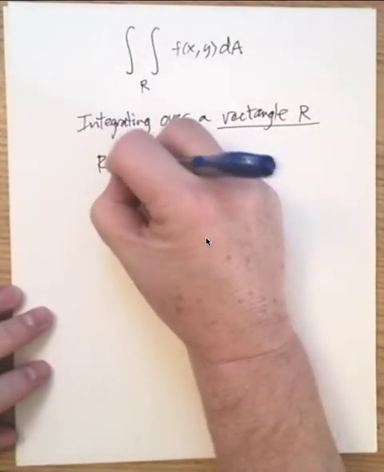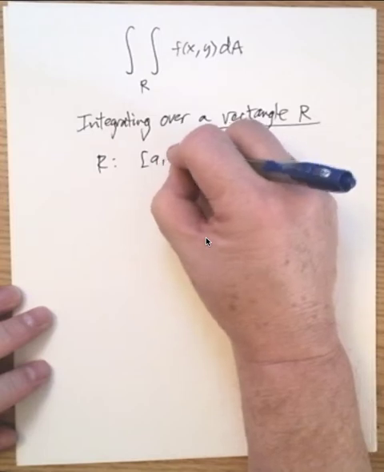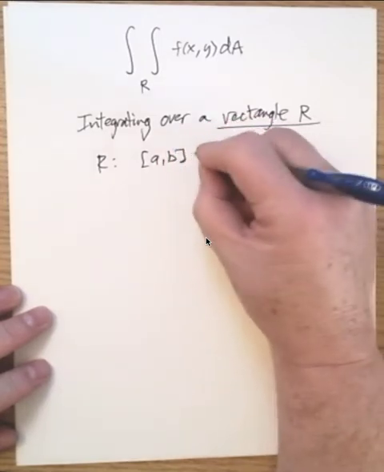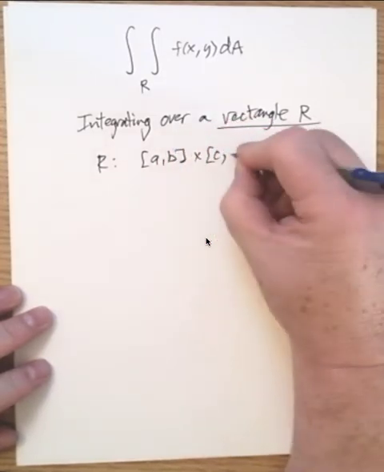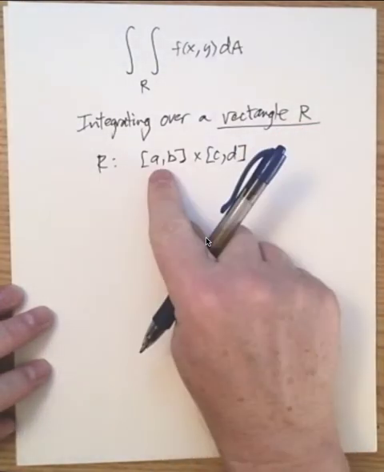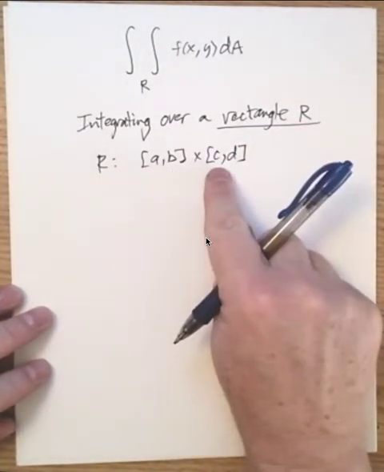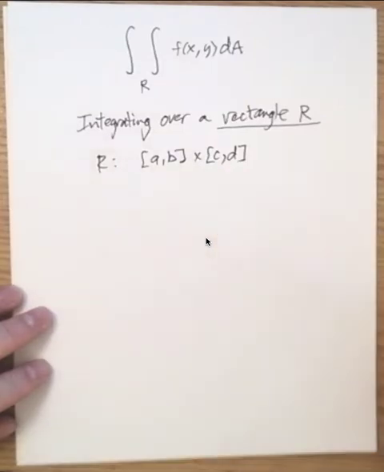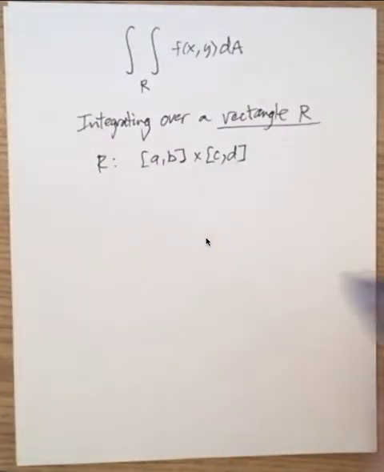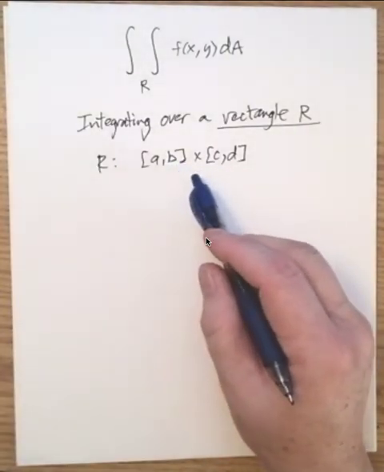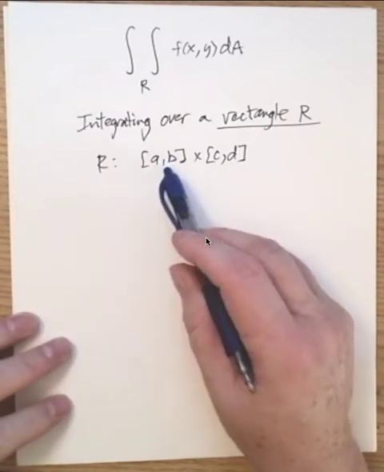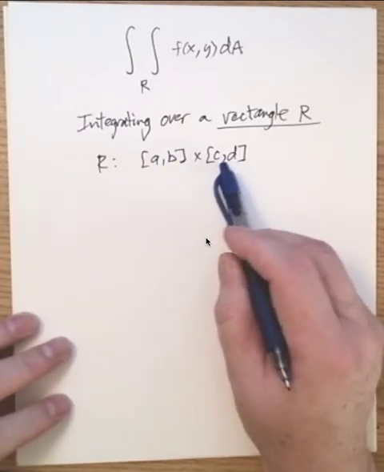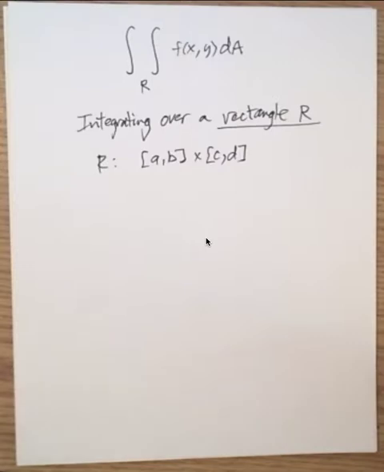Now R is this. I don't know if you guys understand this notation, but look it up. This is the Cartesian product: you set up all values of x going from a to b, y goes from c to d. So this is exactly the rectangle we were looking at before. This is just the set of all ordered pairs where x comes from the interval from a to b, and y comes from the interval c to d. There, I've defined the Cartesian product.